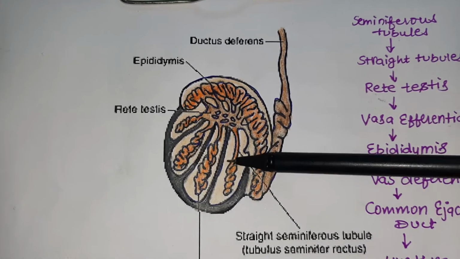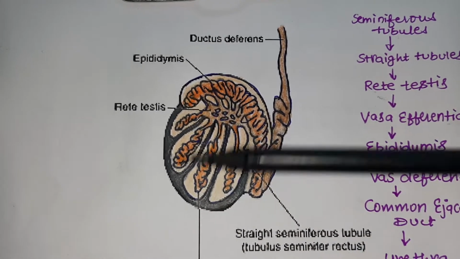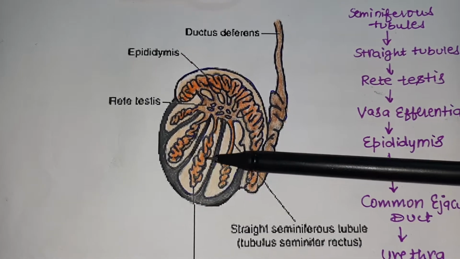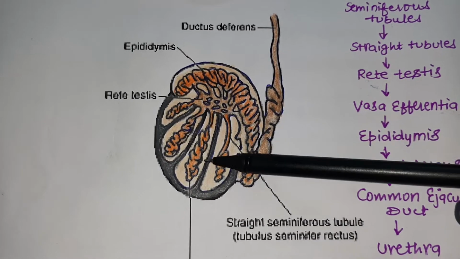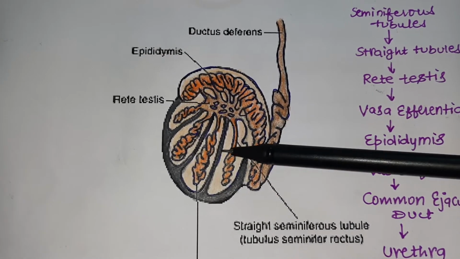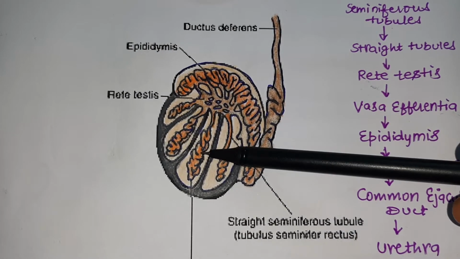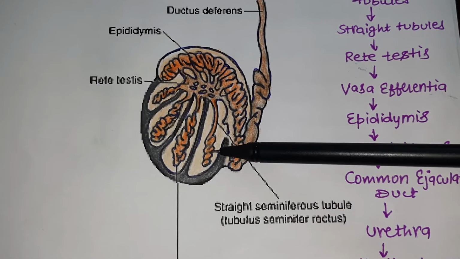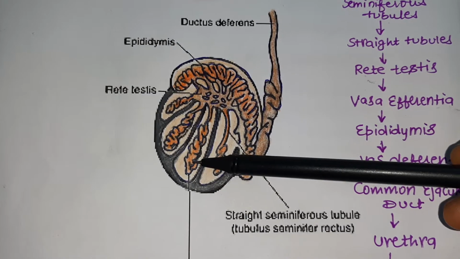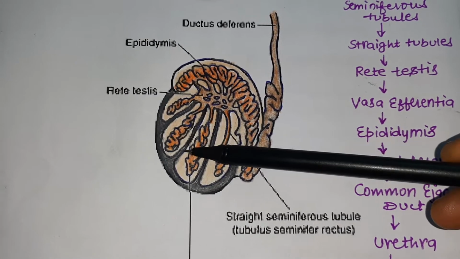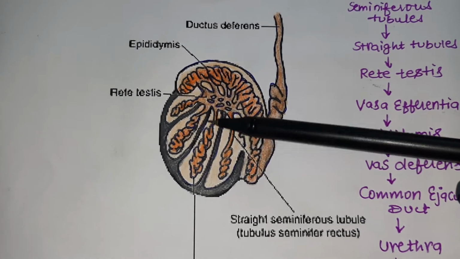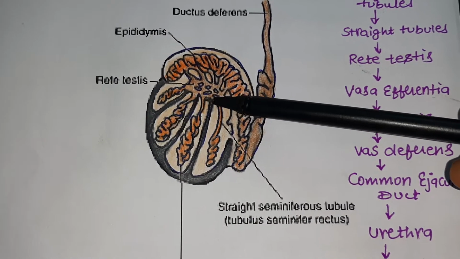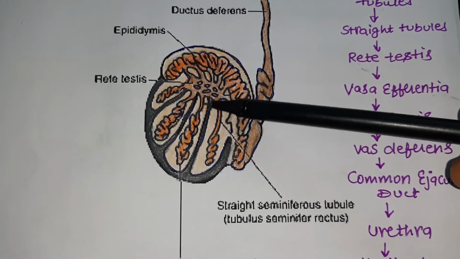are testicular lobules. I discussed in an earlier video that each testis has 200 to 250 testicular lobules, and inside the testicular lobules there are coiled tubules, which we call seminiferous tubules. In each and every testicular lobule, the seminiferous tubules join together to form these straight seminiferous tubules.